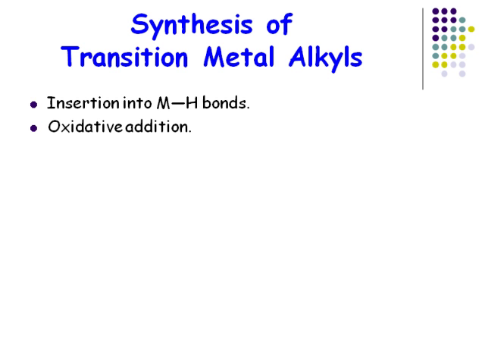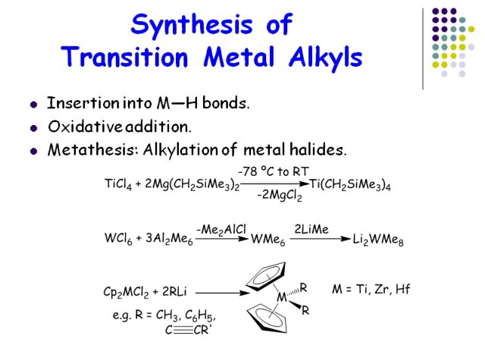How do we make transition metal-alkyl compounds? We can insert alkenes, obviously, doesn't say here, but in order to make a metal alkyl, then you need to insert an alkene into a metal hydride bond. Or we can do oxidative addition. So finally, the one that I should expect all of you to be able to answer, because I spent 3 lectures banging on about it, and that is the metathesis route.